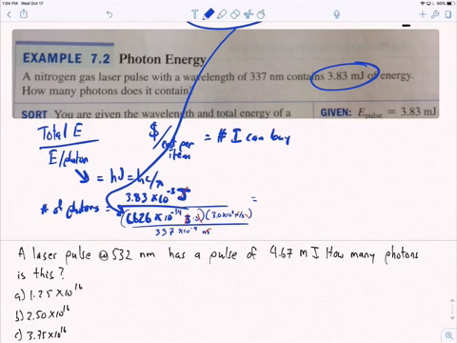And let's see here, 3.83 E minus 3. And I'm getting 6.49 times 10 to the 15th.